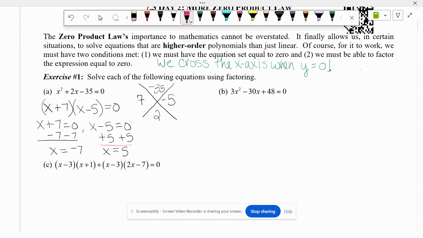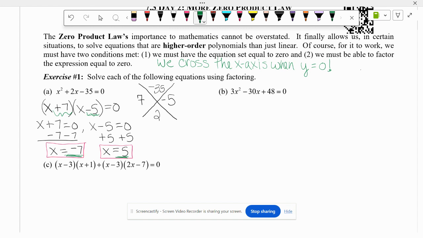So these are the two places that my parabola crosses the x-axis. Remember, very important, we learned that the root is the opposite sign of the factor.